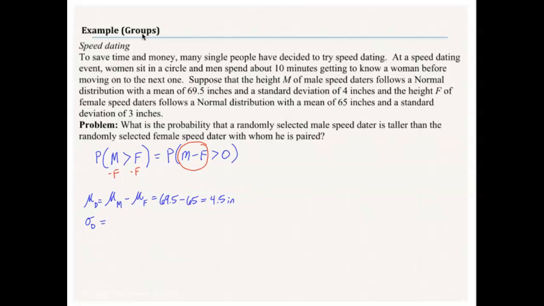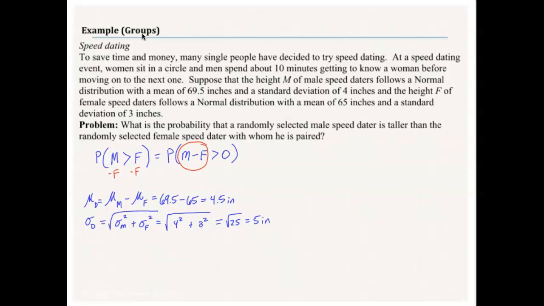So I'm going to take the male variance, which is the standard deviation squared, add that to the female variance, and then take the square root. So it's the square root of 4 squared plus 3 squared, which, you know, that's a Pythagorean triple. Come on now. It's root 25, which is 5.